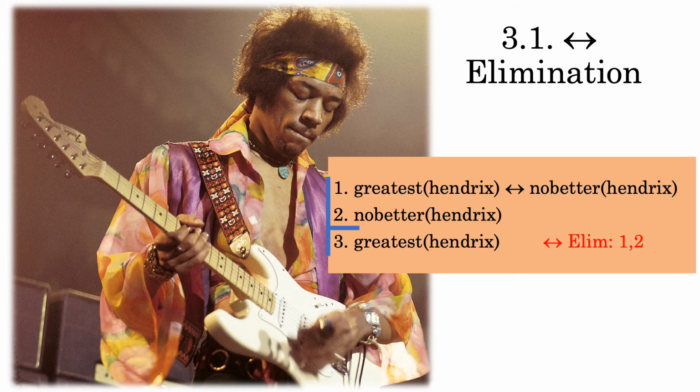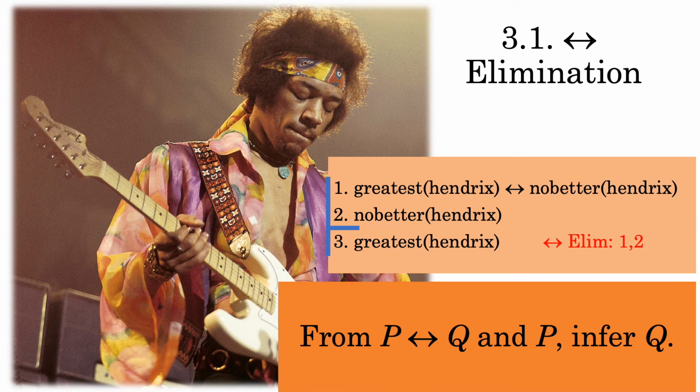Let's talk through it. Remember I said that this was simplified. This was the version that we used in the previous iteration of this proof: from P if and only if Q and P, infer Q. However, remember biconditional elimination isn't limited to that. You can basically flip Q and P in that biconditional and it's still a good application. And this is exactly what we're doing here.